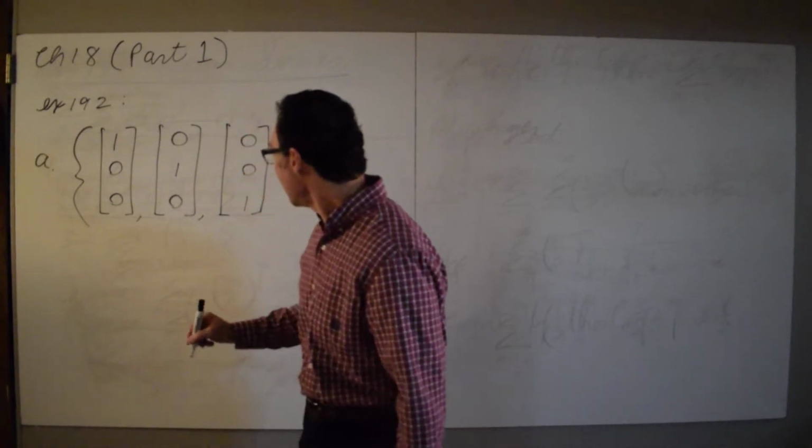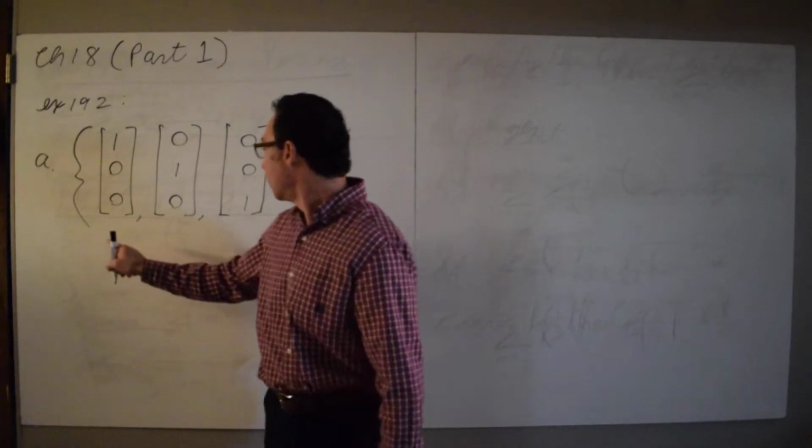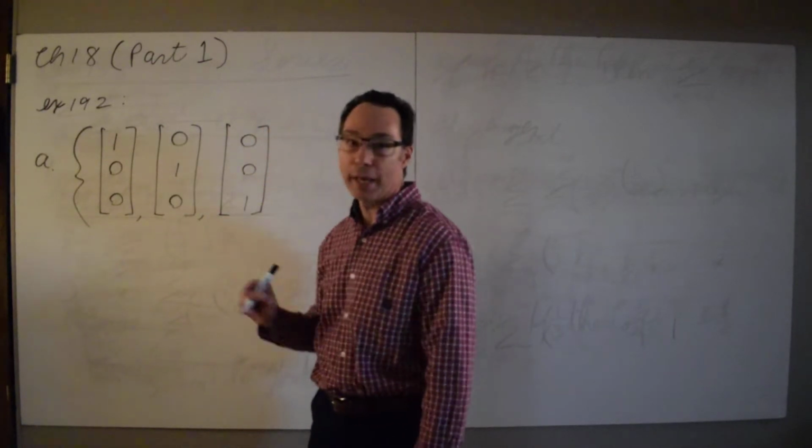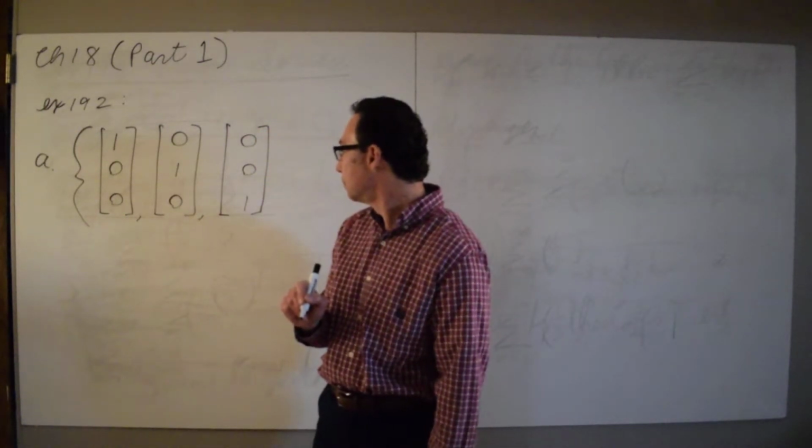So for part A, we have these three vectors, which you'll notice are just I, J, and K from R3.